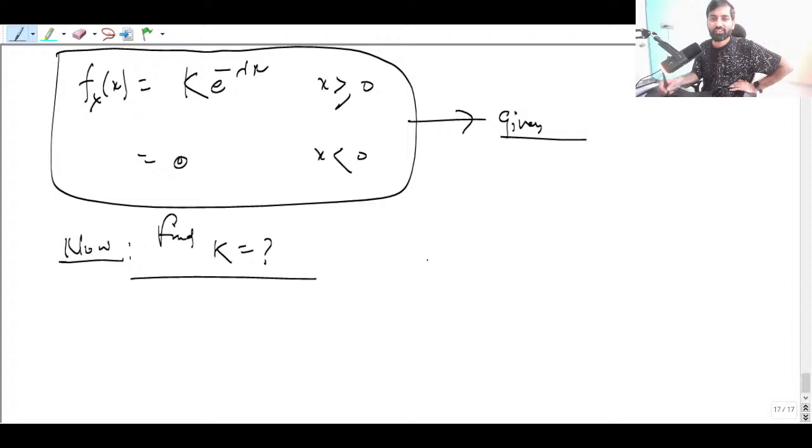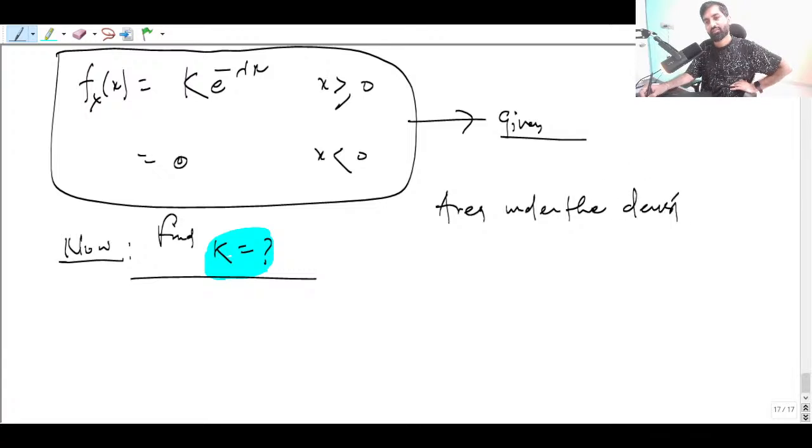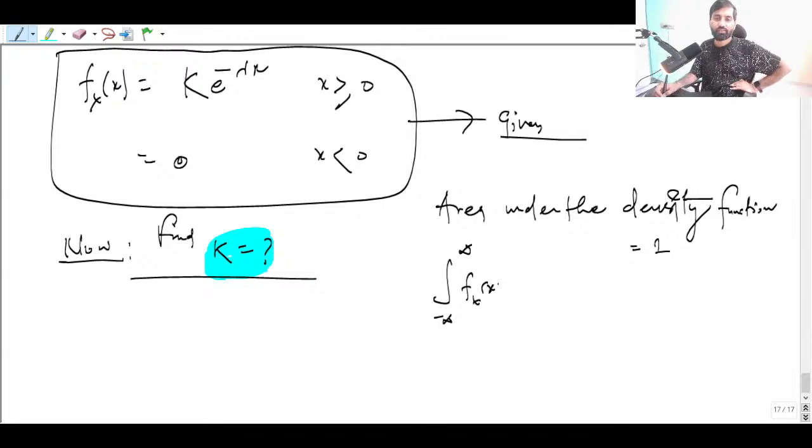But since you know that to find constant in the density function, right, area under the density function or PDF must be equal to 1. So here minus infinity to infinity f of x dx equal to 1, right?